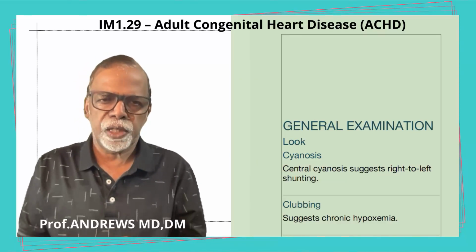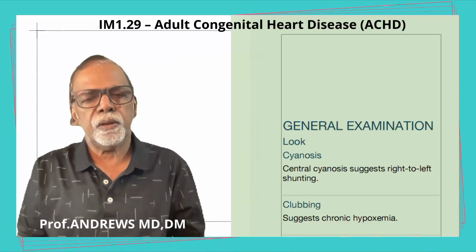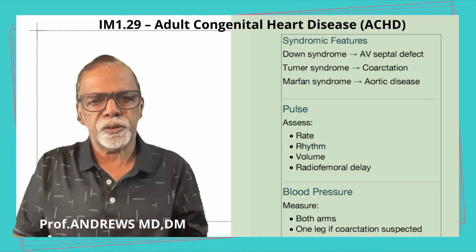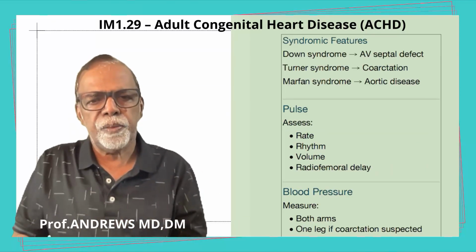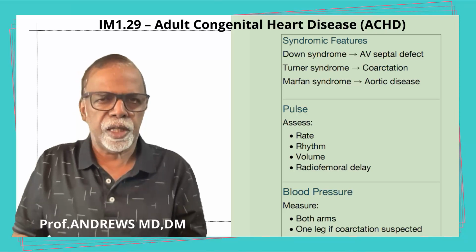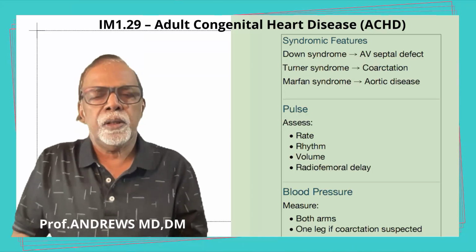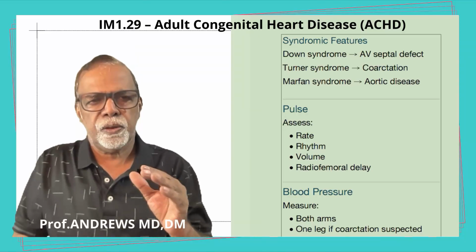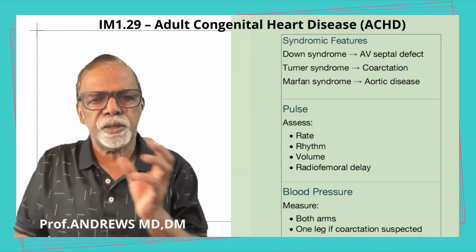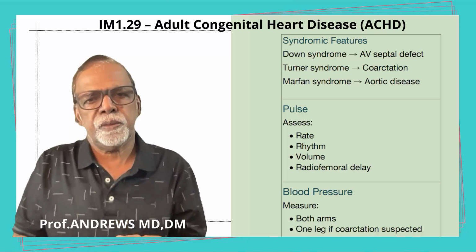So now you go for a general examination. Look specifically for cyanosis. Identify whether it is central cyanosis or peripheral cyanosis. Clubbing indicates chronic hypoxemia. Look for syndromic features. Presence of Down syndrome features suggests AV septal defects.